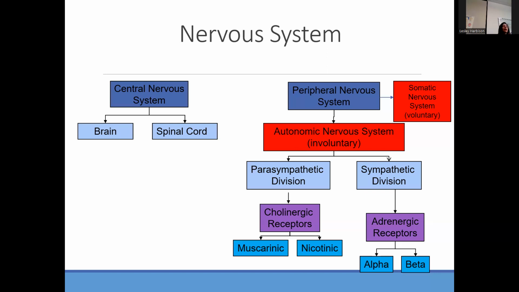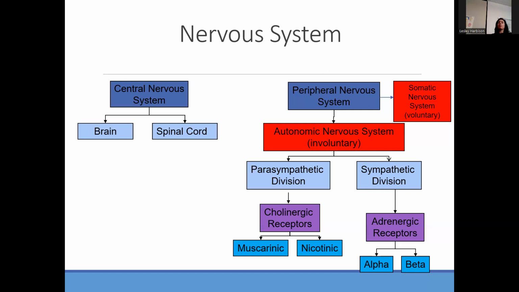Those receptors get broken into muscarinic and nicotinic. We don't talk about those as much, except that they have a major effect on salivation. So there's pretty much one thing that we keep going back to.